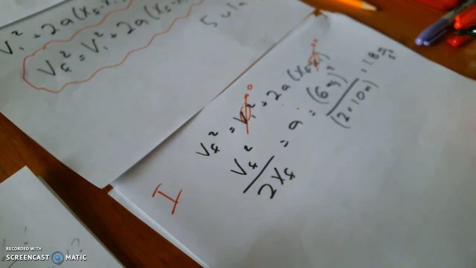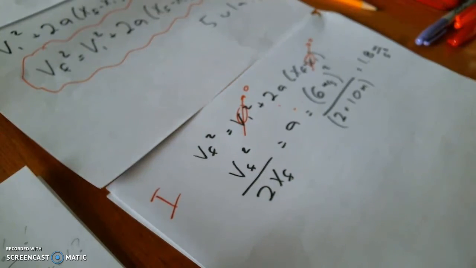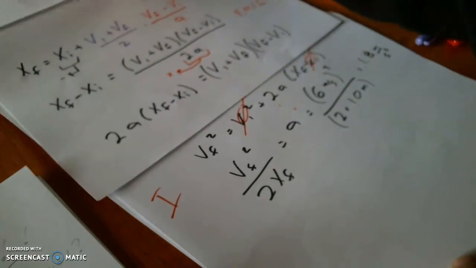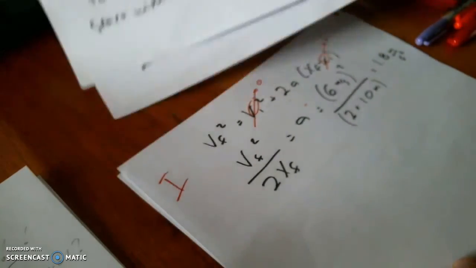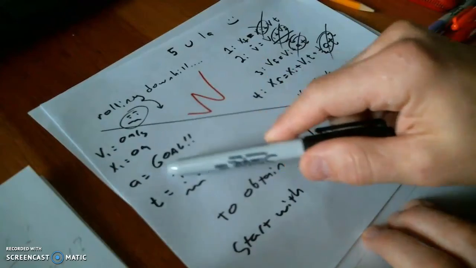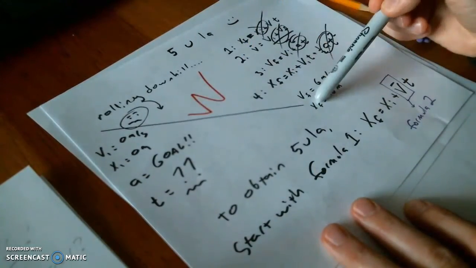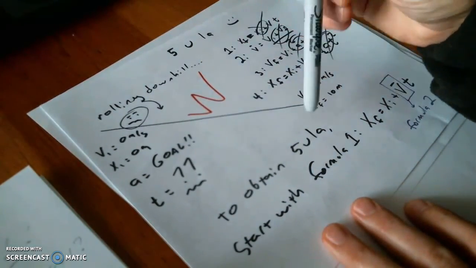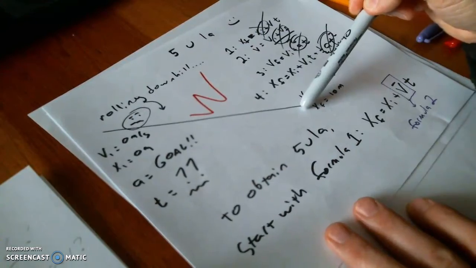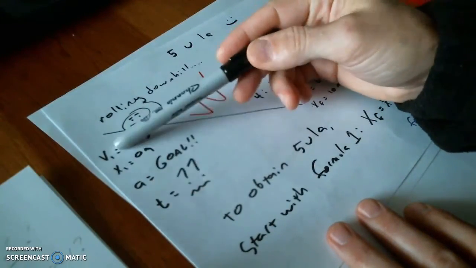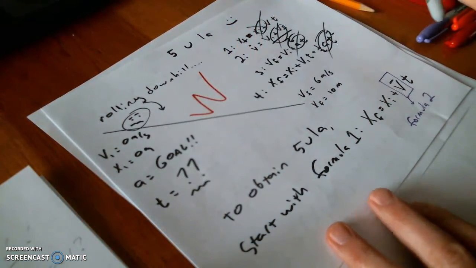Okay? So please know, again, that it is okay to combine a diagram with variable lists. That's what I did here with this W. There's the diagram rolling downhill with variable lists given.